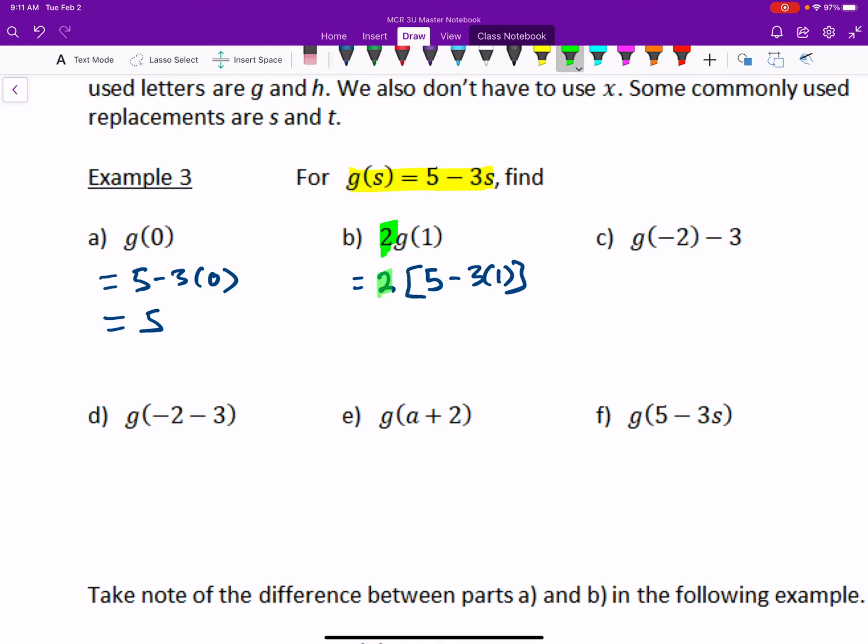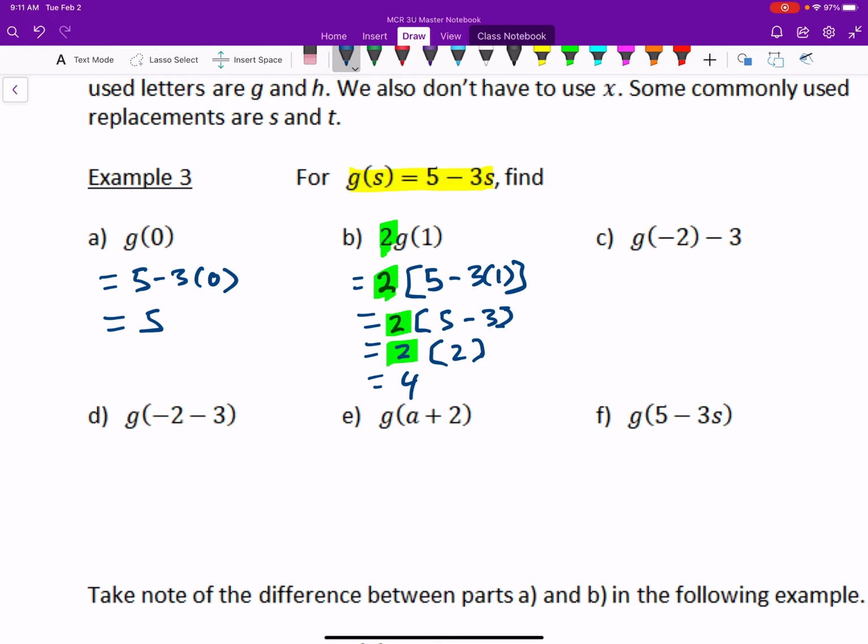So this 2 is just staying out front, and I'm going to do everything to find out what g at 1 is first, and then my last step is to multiply by 2. And so what I'd get is, I'm just highlighting the 2 all the way along so you can see where it's coming from or why it's just staying like that. My answer is 4. Again, order of operations matters.